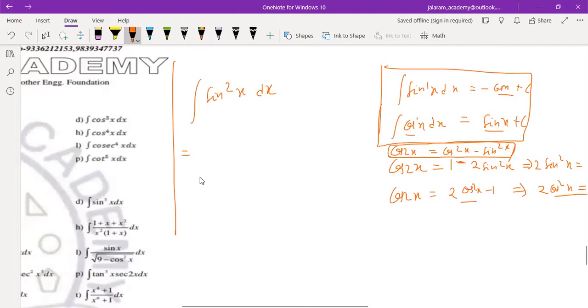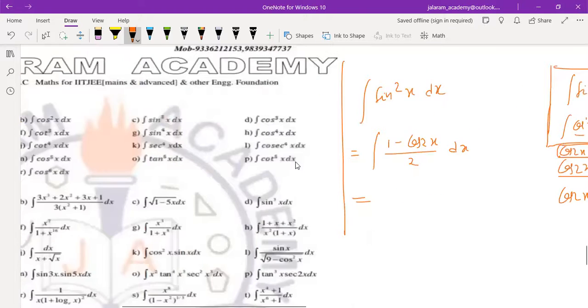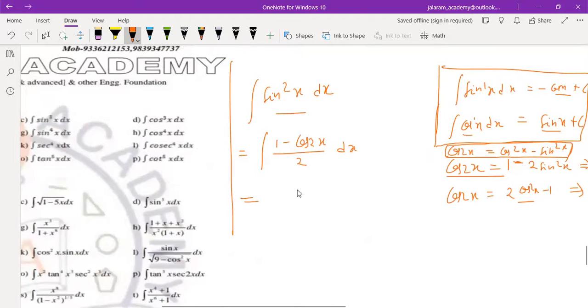We will solve these questions using this method. In place of sin square x, we write 1 minus cos 2x upon 2. And remember, for integration of sin square x, we always use this method.